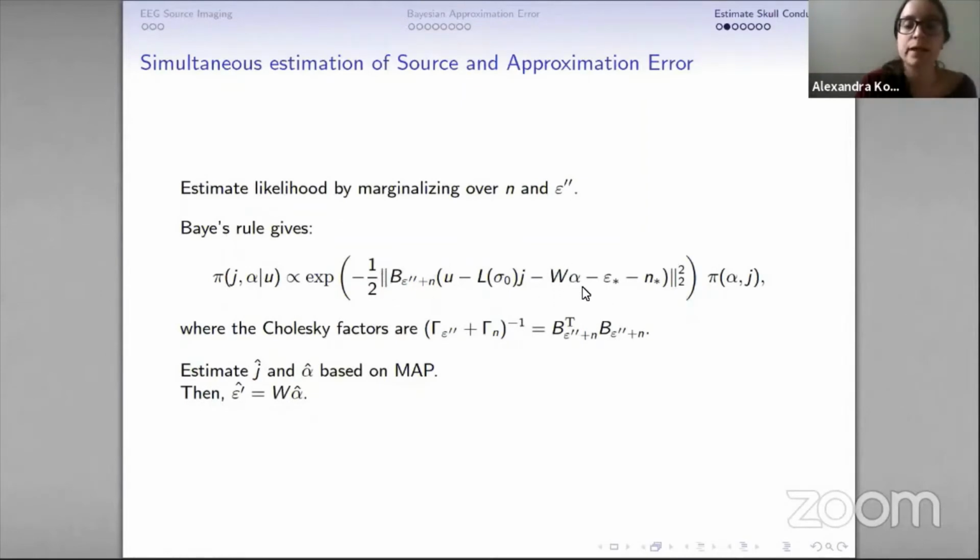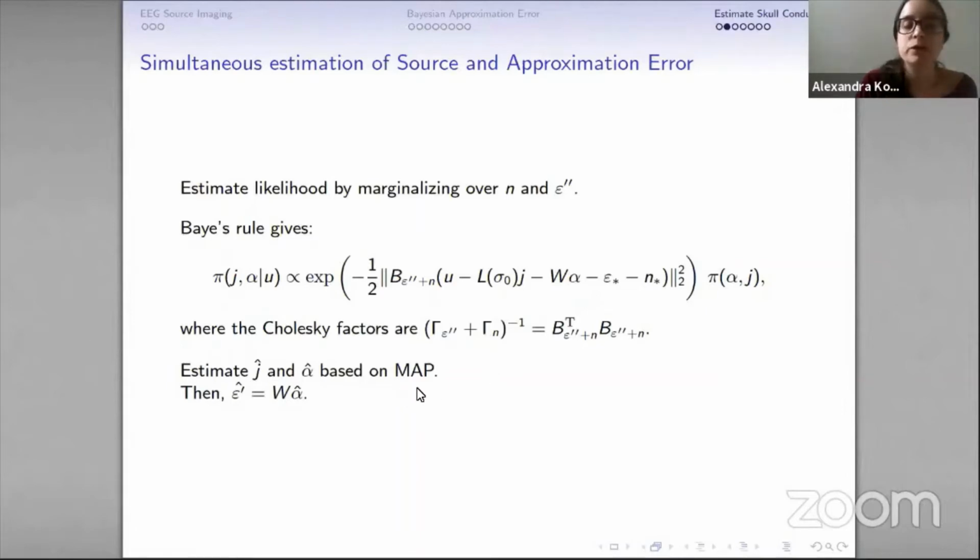We left intact the epsilon prime, the main one, and we were interested to estimate at the same time the noise, the current J and the alpha parameter, which would give us an approximation of the modeling error epsilon prime.